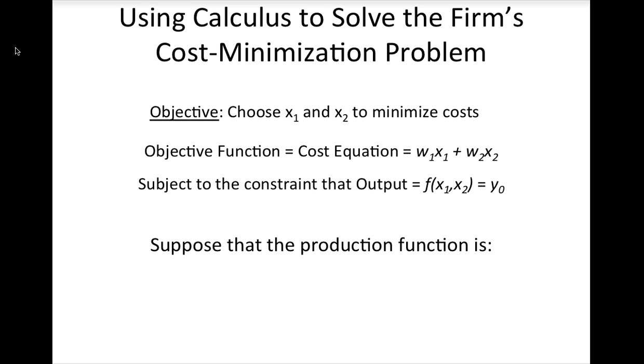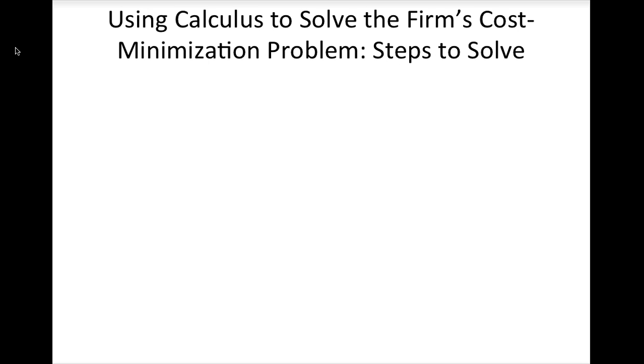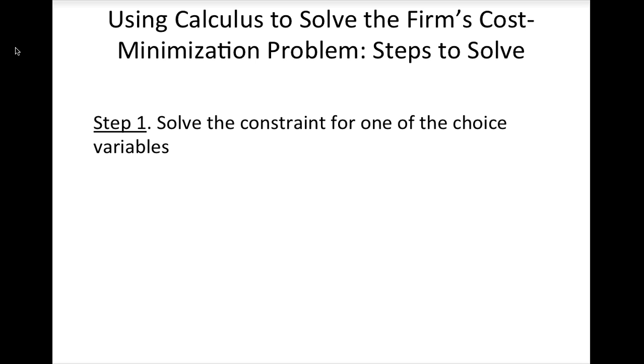Let's let the production function be f of x1 and x2 equals 3 times the square root of x1 times x2. In order to solve this problem, let's think back to how we solved utility maximization problems. The first thing that we did was to solve the constraint for one of the choice variables.